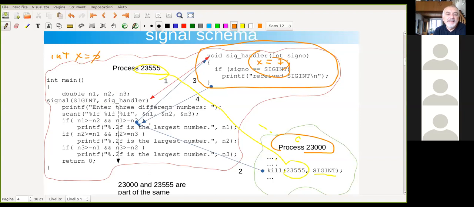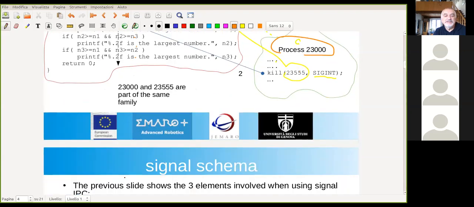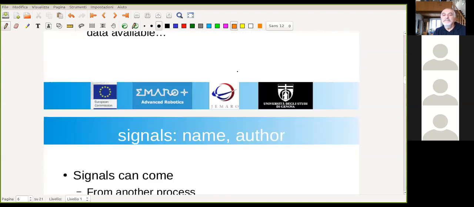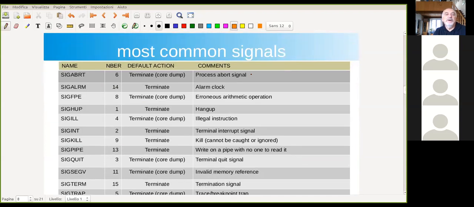So sometimes in that case, the value of the variable x that before receiving a signal was 0, after receiving a signal is 7. But this does not happen exactly in this line, maybe here, here, here, everywhere. So you see that communication using signals is very difficult, since you notify some changes in the computing status, but depending on the real time. That's the structure. Let's browse the, okay, most common signals.